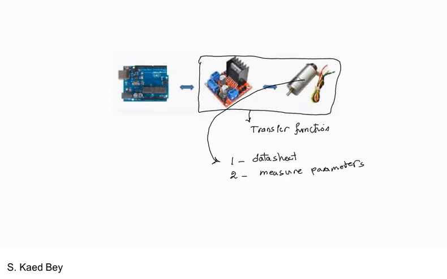When we're talking about parameters, normally we are referring to the armature resistor, armature inductance, torque constant, back EMF, viscous friction, rotor moment of inertia, etc.